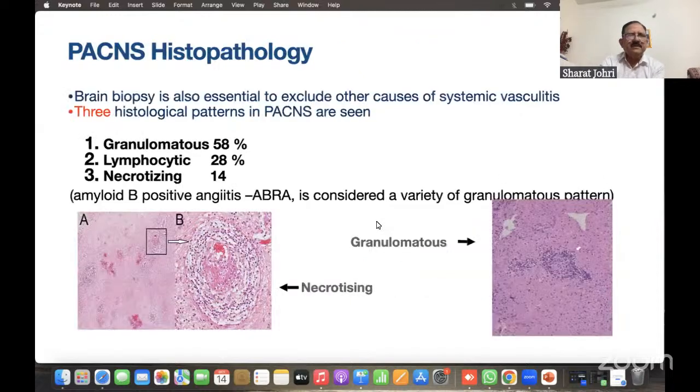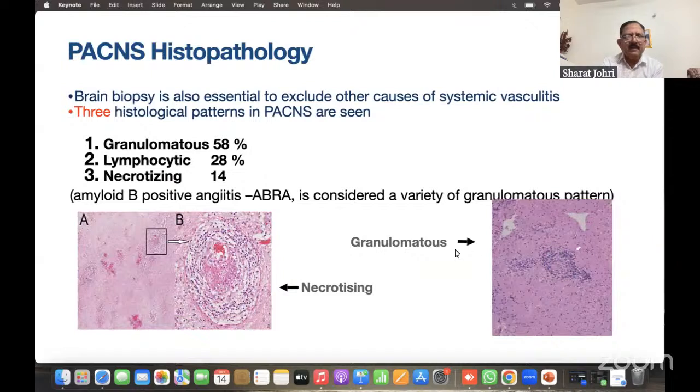These are some examples of the three varieties of histopathological patterns that can be found in primary CNS vasculitis. One is granulomatous vasculitis, which is the commonest one. You find a granuloma here, and on the right side is the granulomatous vasculitis in the brain.